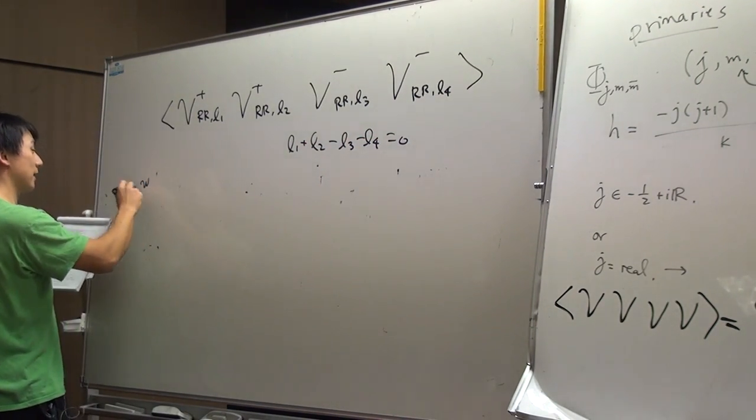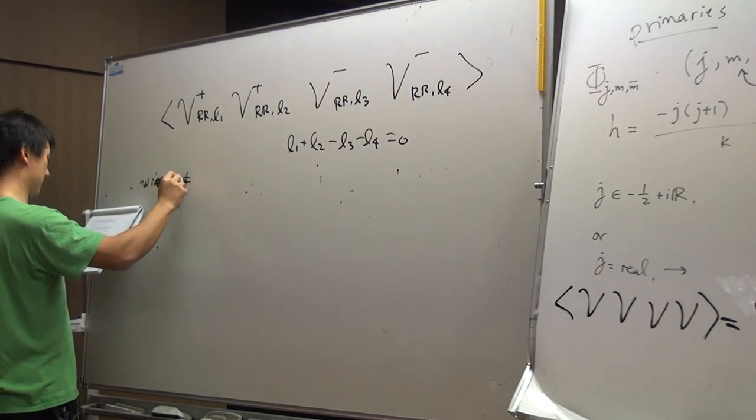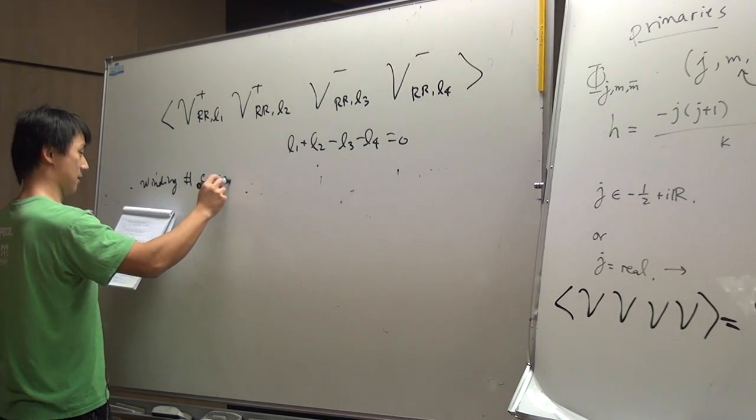This is a winding number conserving correlator.